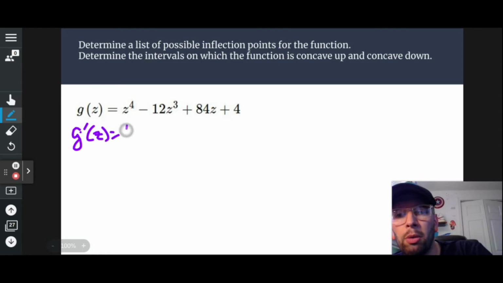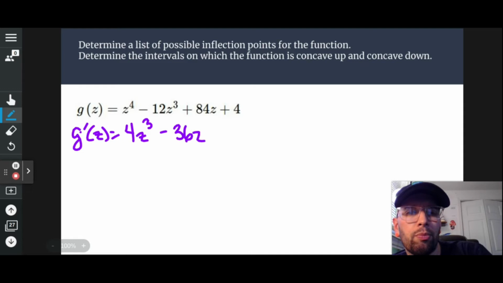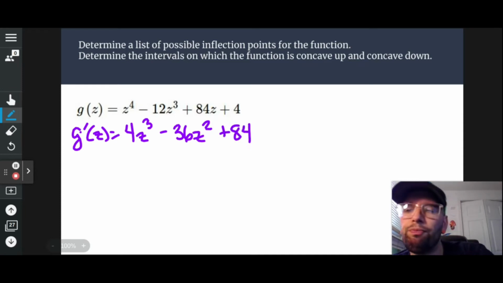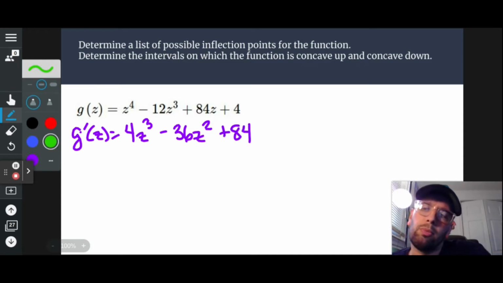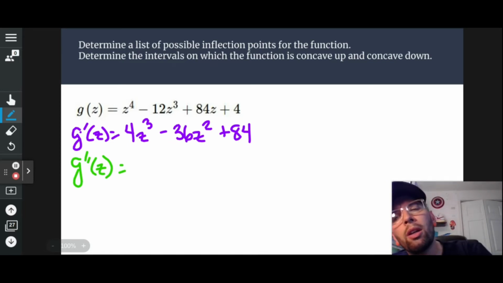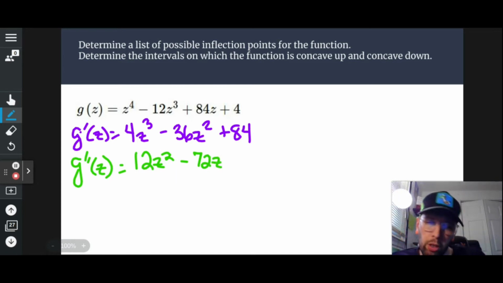The first derivative is going to be 4z cubed minus 36z squared plus 84 plus 0. Second derivative is 12z squared minus 72z plus 0.